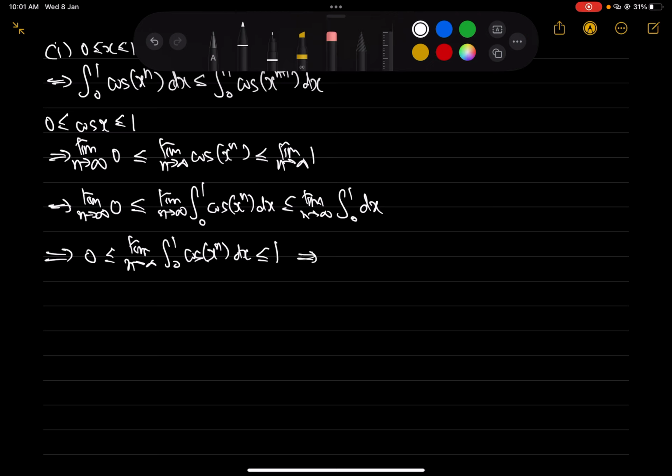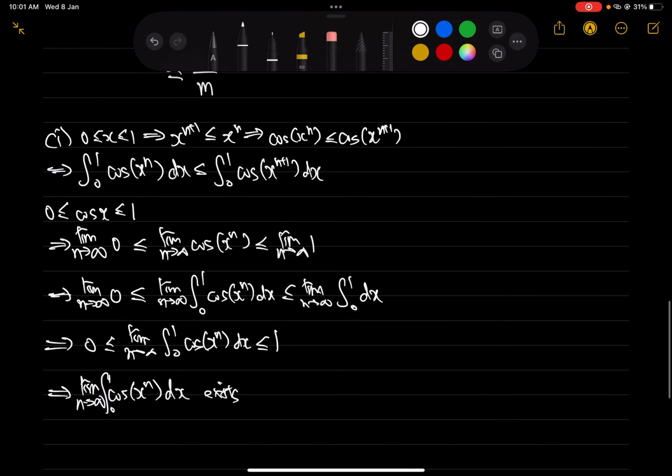And that just implies, I'm going to write it down on the next row, which implies exists. And that's part C1. Just a little bit of intuition and you'll get through it.